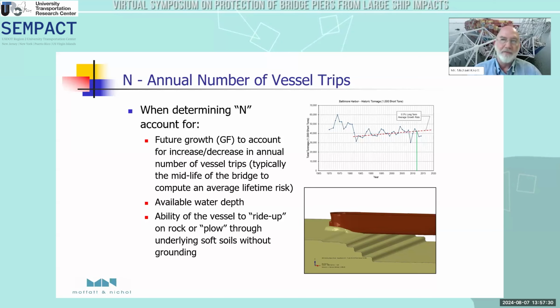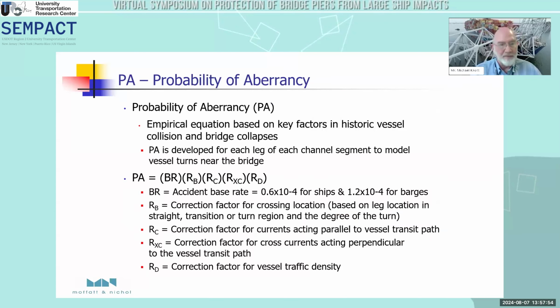But if your mud line is full of very soft, silty soils, vessels can plow right through that as if there's nothing there. And so understanding that and allowing for this plowing effect of vessels through soft soils is important in doing a risk analysis. The probability of aberrancy is how often will a vessel go off course.